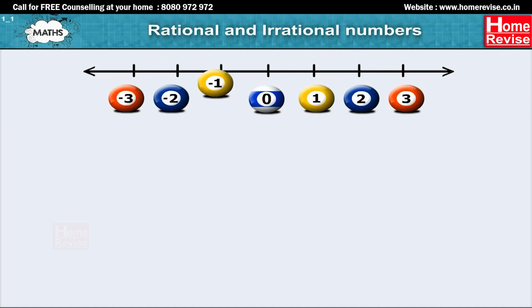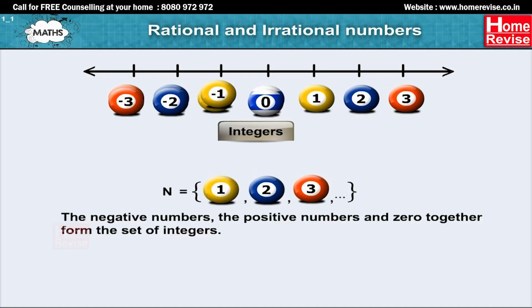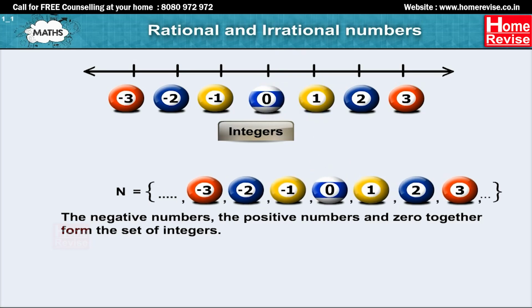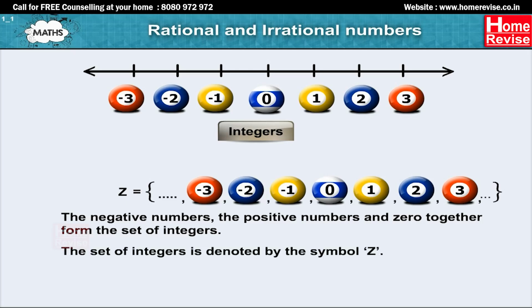The negative numbers, the positive numbers, and 0 together form the set of integers. The set of integers is denoted by the symbol Z.